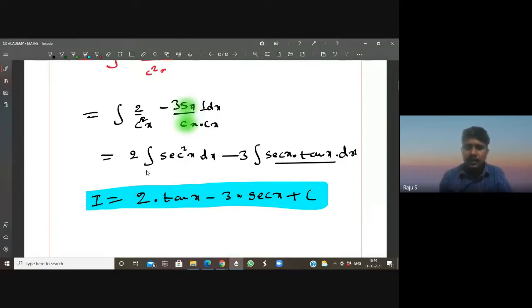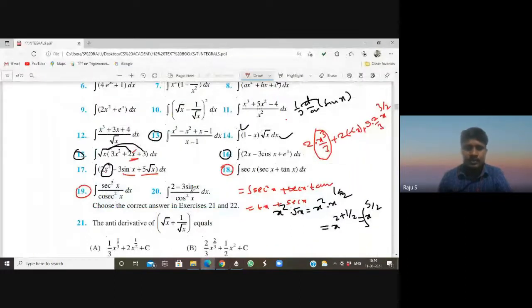So first you have to change it to standard form. The given integrand is not in standard form, you can make it standard. Is there a formula directly for 2 minus 3 sin x by cos square x?